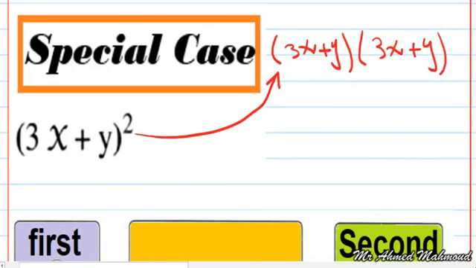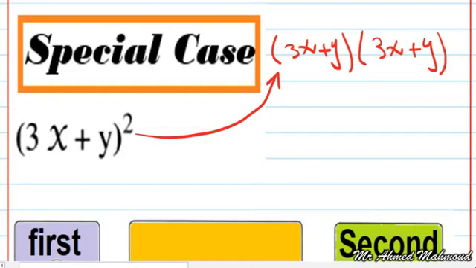So we can solve this one in two different ways. We can expand the bracket to the power of 2 into two brackets and then multiply by the previous rule, or we can use the next rule, and this is better to use, because this rule is very important for us in the next year, inshallah, second prep.